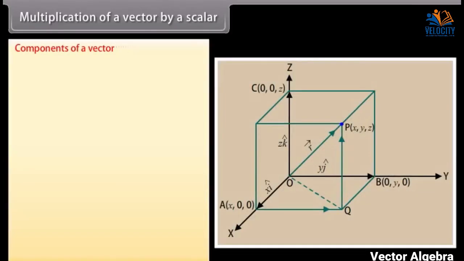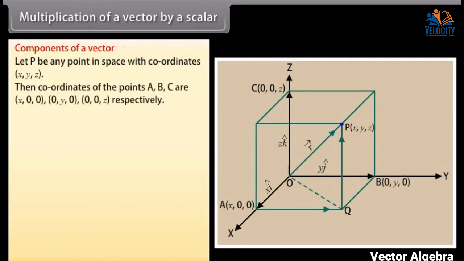Components of a vector. Let P be any point in space with coordinates x, y, z. Then coordinates of the points A, B, C are (x, 0, 0), (0, y, 0), (0, 0, z) respectively. Suppose now that position vector of P is vector r. That is, vector OP equals vector r.